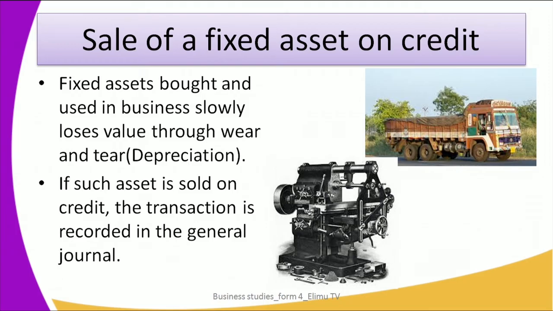You may also have a machine that was used in production of goods. Such assets are the ones we are referring to. At some point they depreciate or lose their value, and that is when they get sold to a different party. So if they are sold on credit, the transaction is recorded in the journal. Now, how do we prepare the journal? I want us now to look at an example. Then we prepare the journal.